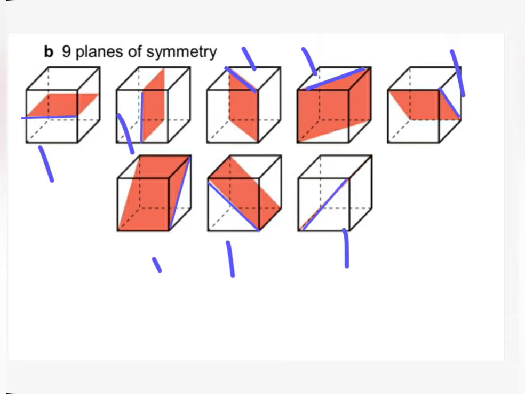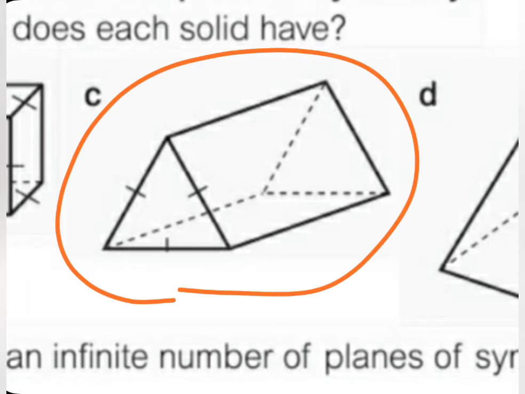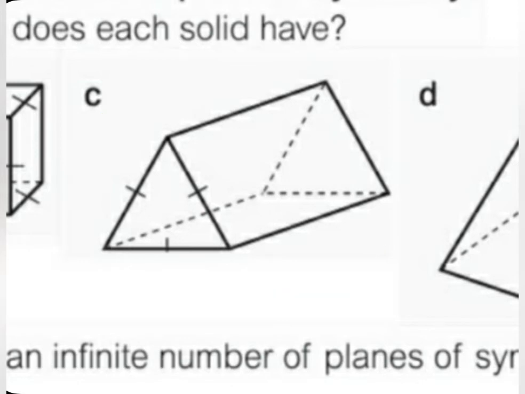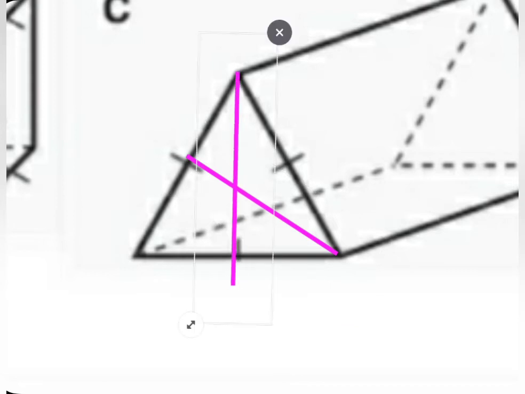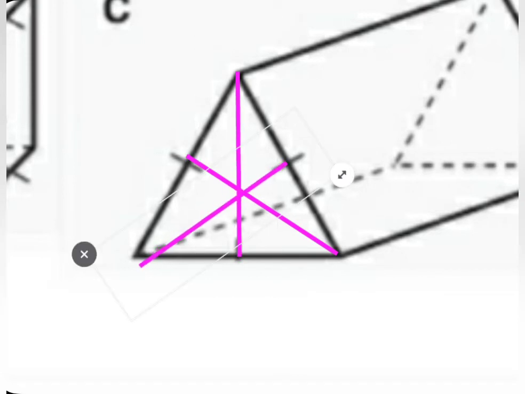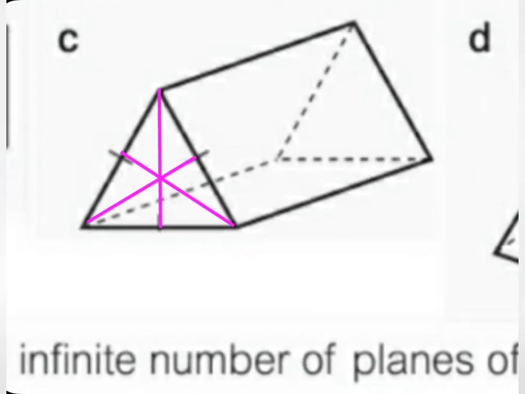Now let's go back to the question and check question C. Now for question C, this is a triangular prism. How many planes of symmetry do you think we have? Very good, let's check together. First, we have the 3 on the triangle itself, because it has 3 lines, so it has 3 planes. And of course, they go back until they reach the end of the shape.